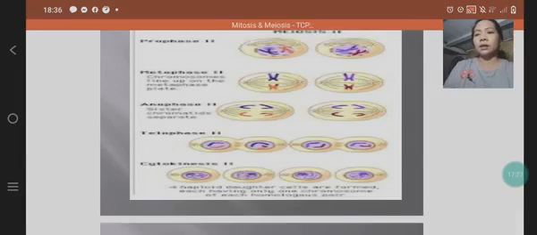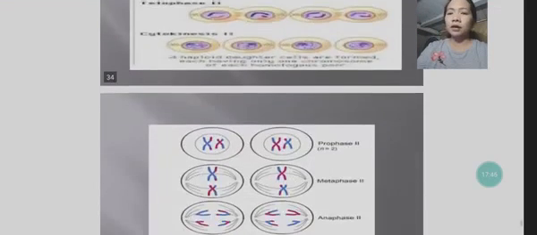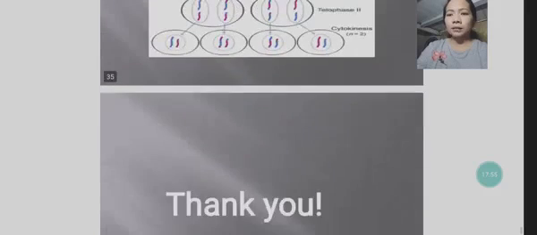Okay, and then the telophase forms sister chromosomes at opposing poles of the cell. Okay, and then the cytokinesis marks the end of the process.